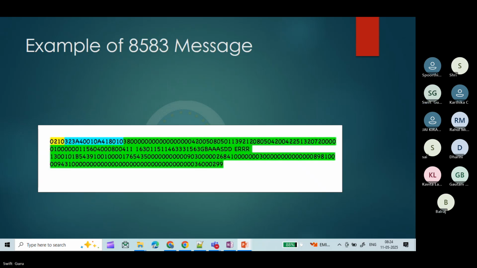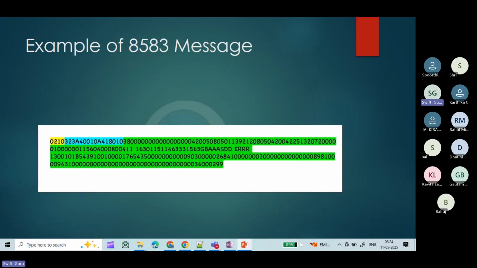Okay, thank you. Now, this is a sample snippet of an ISO 8583 message, which is used in card payments. This is a flat file message, basically. It has continuous data. There is no separation between one data and another.